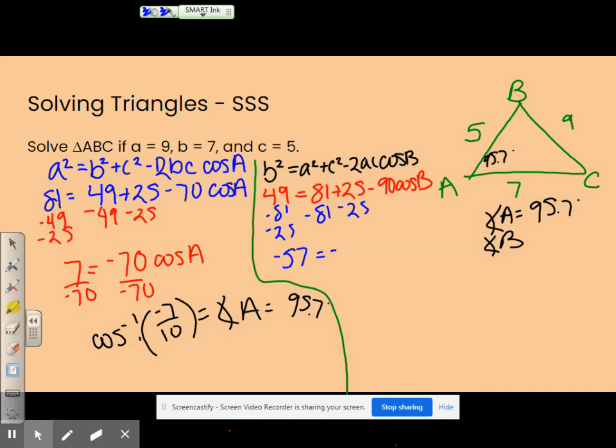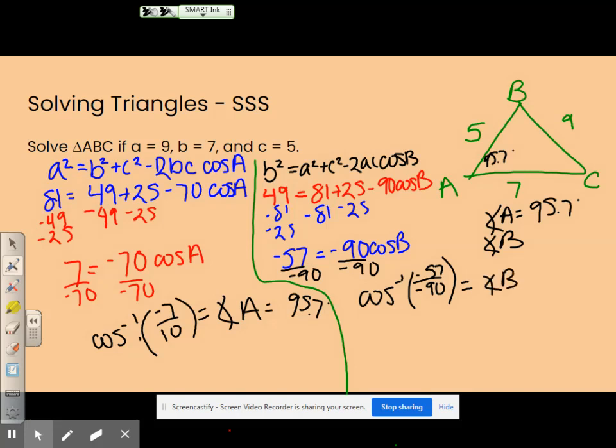So that negative 57 equals negative 90 cosine of B, same thing as before, and I would like to divide by that negative 90 on both sides. And I can take the inverse cosine and say, okay, the inverse cosine of that negative 57 over negative 90, you know a negative over a negative is positive, is going to equal my angle B.